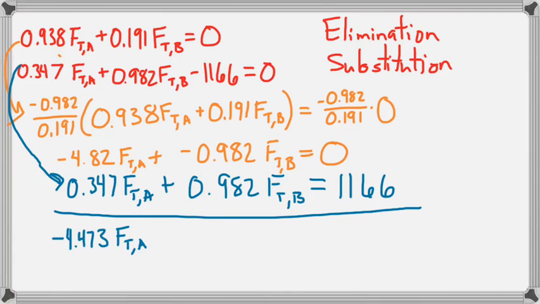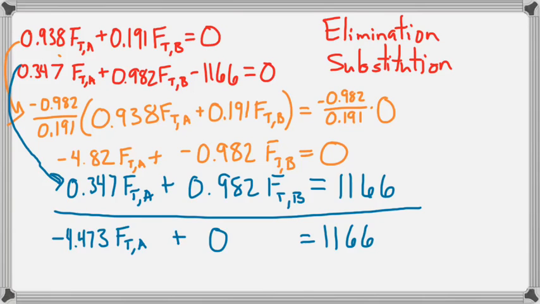When you add those up, they equal what? 0. 0 equals 0 plus 1,166 equals 1,166. We have eliminated this term F of T for rope B. We no longer have that in our equation. We're just left with one variable now. We're just left with this times that equals this thing over here. You can solve that, right? You can solve that for the force due to tension in rope A.